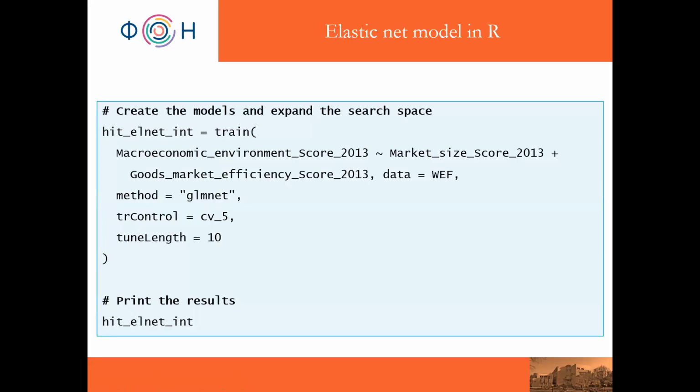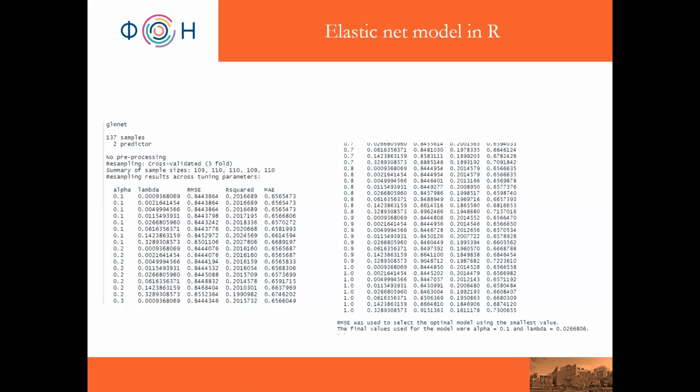If we additionally want to expand the search space for a good combination of alpha and lambda, here we have tune length, an additional parameter, set here to 10 to create more models. So here it's up to us to define what our search space will be.